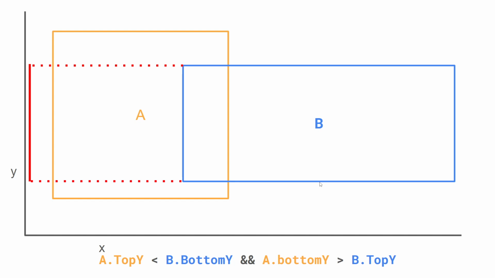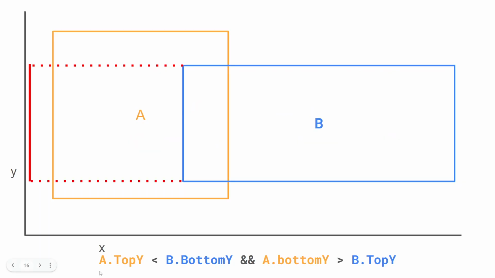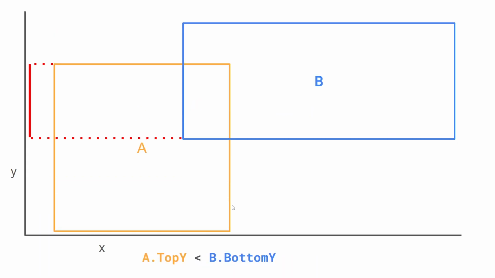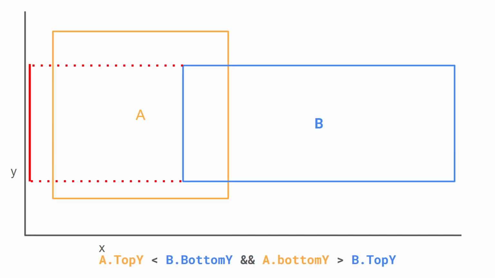This one is smaller than this one because our value here is smaller than our value here. And then a dot bottom y, this value, is greater than b dot top y, this value. So both are true. And we can say that this statement will hold also for the other cases, for this case and for this case.